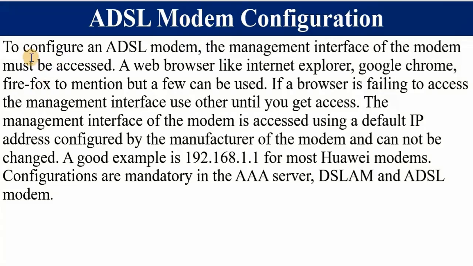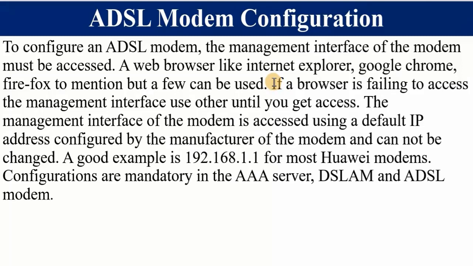So when you want to configure an ADSL modem, you must access the management interface of that particular modem, and this can be done using any browser like Microsoft Edge, Google Chrome, Firefox, to mention but just a few. And if you fail to access the management interface using one browser, please keep on changing.